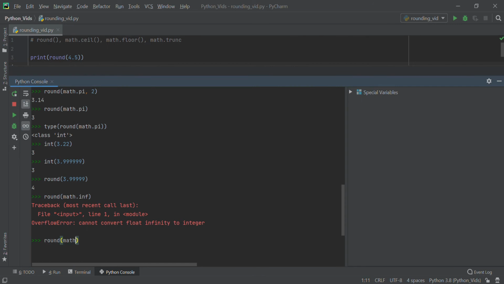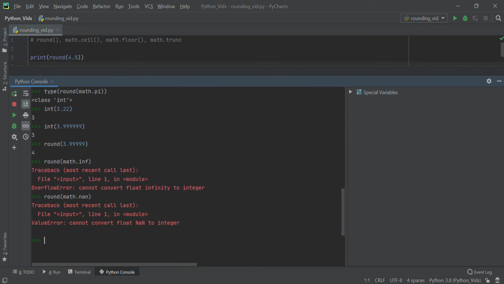Can you round the float value for not a number? You cannot. It's not a number. You can't round it. Okay, and that's rounding using just the inbuilt round function, without needing to use the math module to round things.